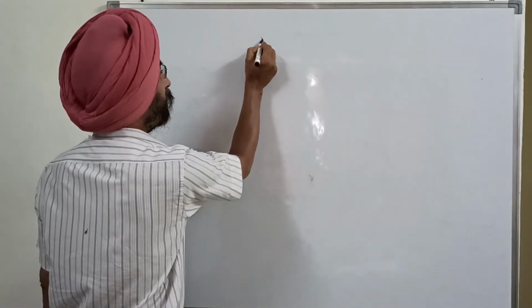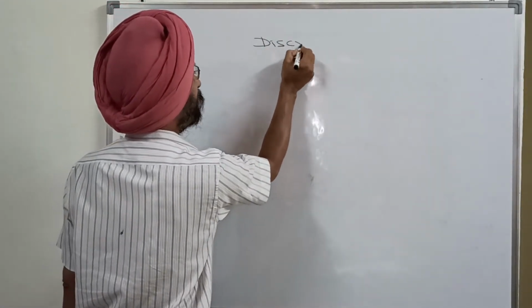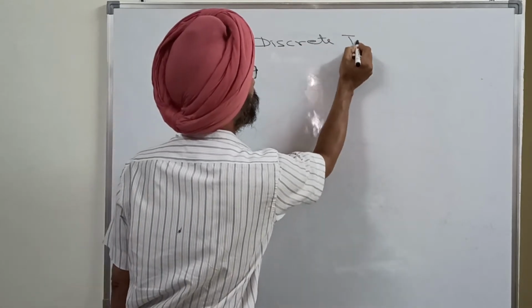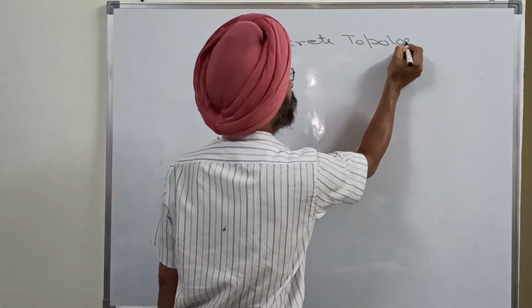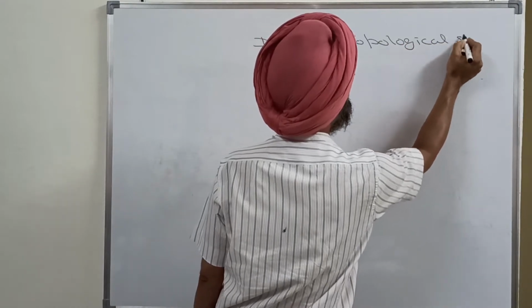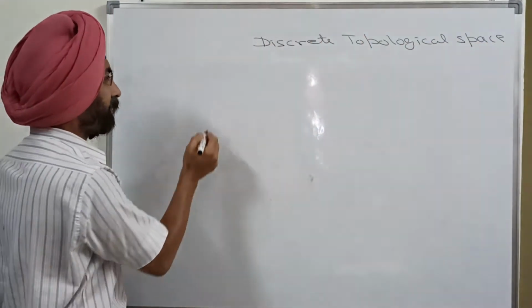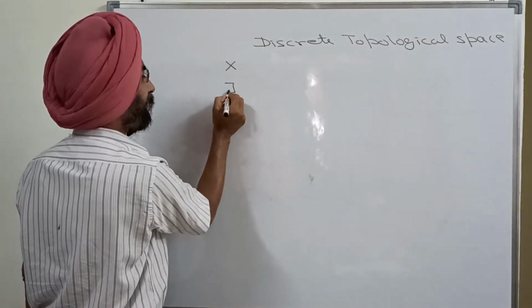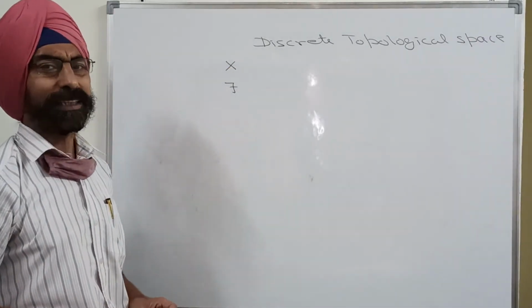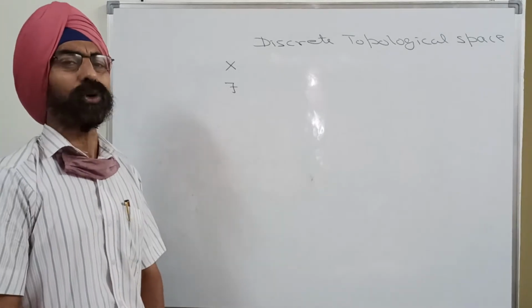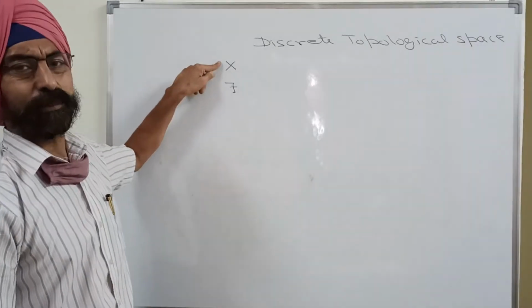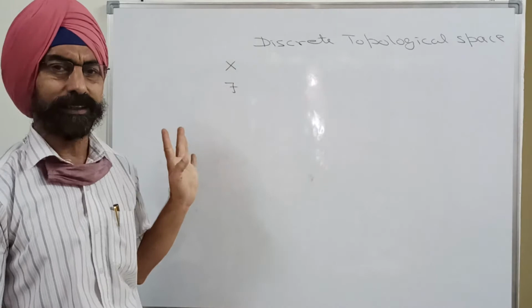I am talking about the discrete topological space. X is a set and tau is the discrete topology on X, and in the discrete topology we know that every subset of X is an open set.